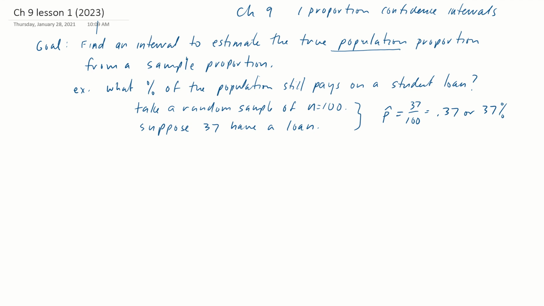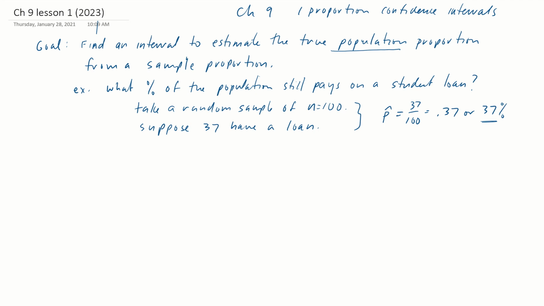Right? So is this a good estimate for the population proportion? Can I safely say that, of all American adults, approximately 37% have a student loan? Well, if I get a different sample, am I going to get a slightly different number? Probably. I'm going to get 39 or 35 or 40. It's probably going to be close to 37.